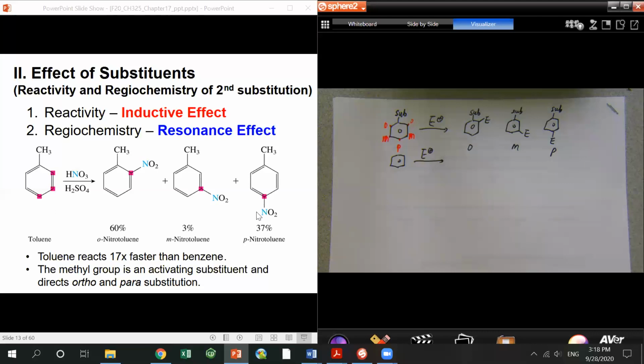Also, compared with benzene, the EAS reaction of toluene is 17 times faster. So the methyl group is what we call an activating group, making the benzene more active.